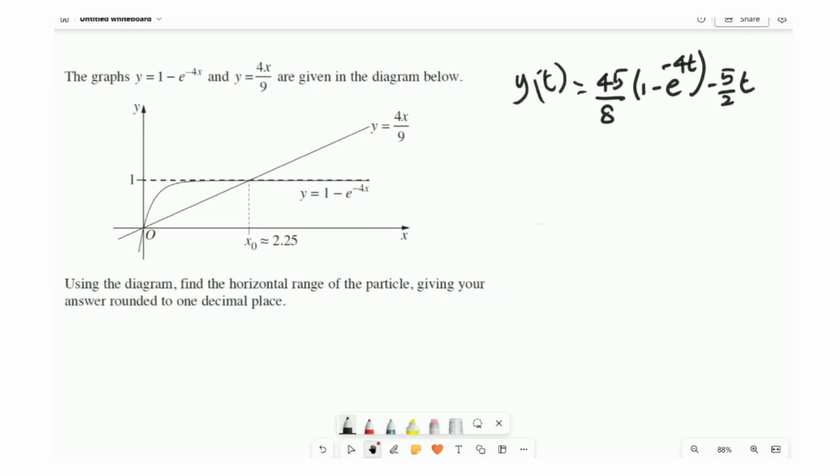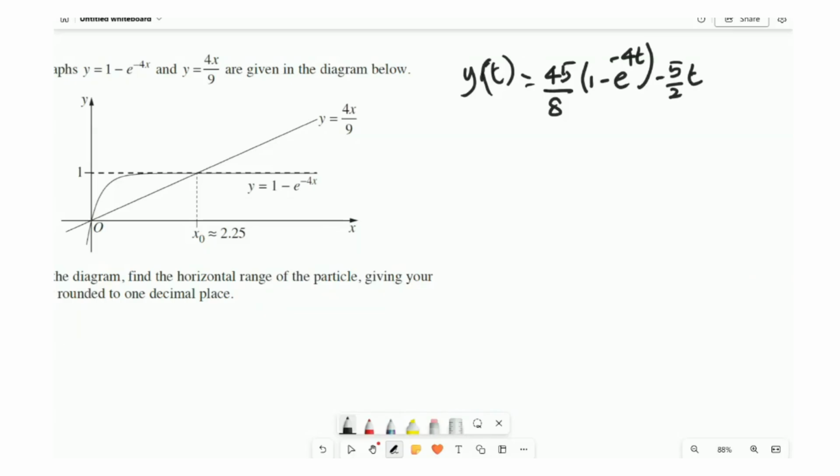So this is the vertical displacement. Now when the particle lands on the ground, y(t) is equal to 0. So that means 45 divided by 8, 1 minus e to the power minus 4t, equals 5 over 2 t.